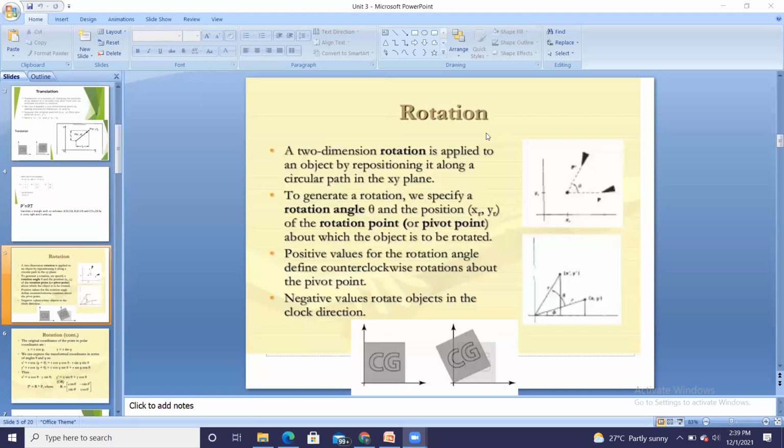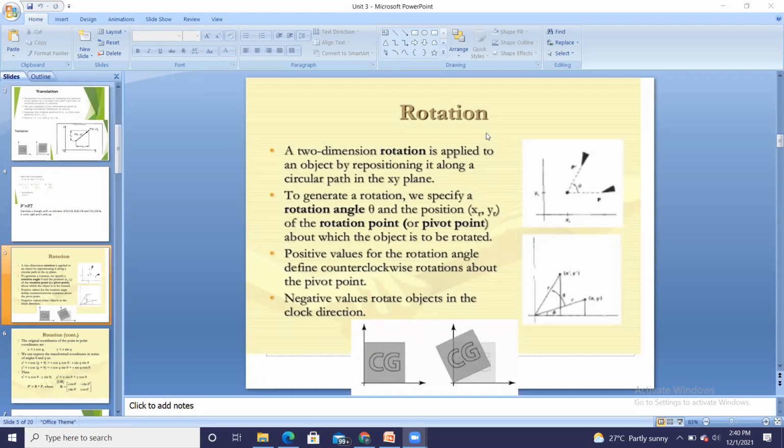With some specific angle. So here rotation is nothing but changing the position of the object along a circular path. What is the difference between translation and rotation then? Translation takes place in a straight line. We move the object from one location to another in a straight line direction.